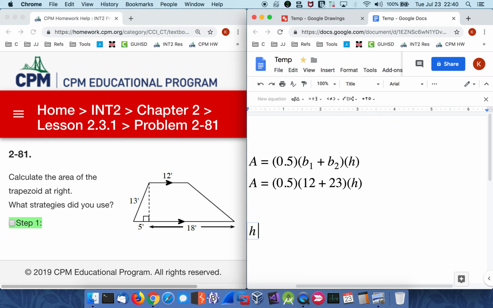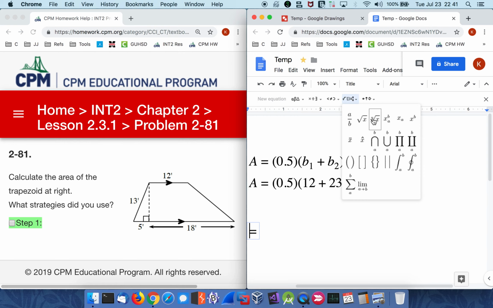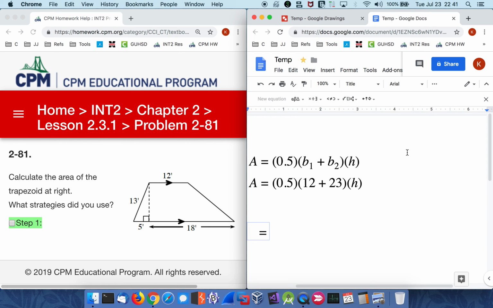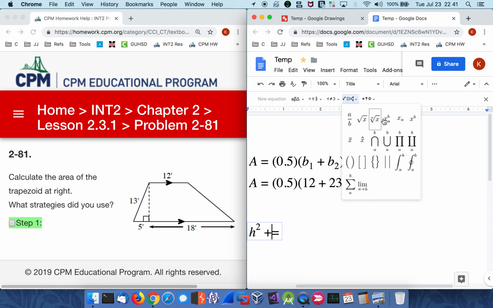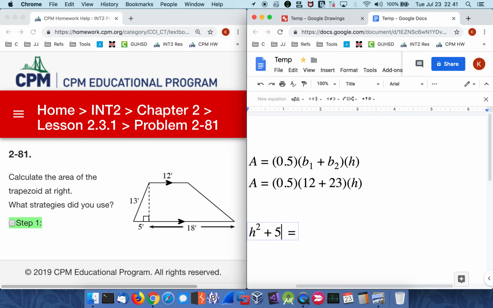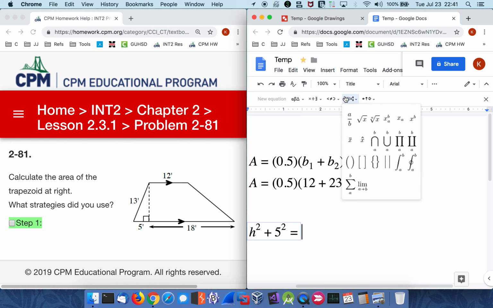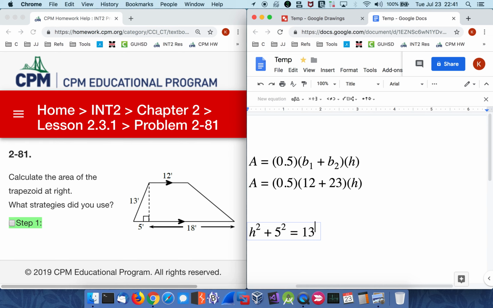We know that the height, h, is going to be, well, we know h squared plus 5 squared equals 13 squared.